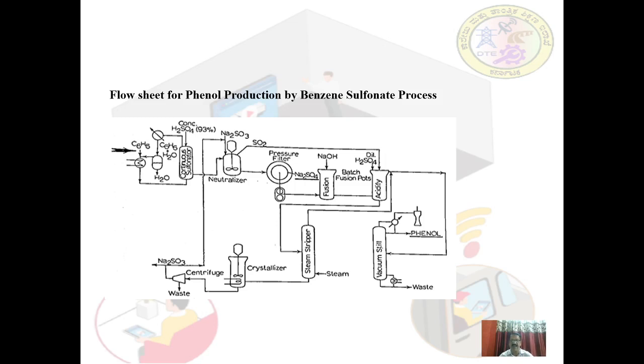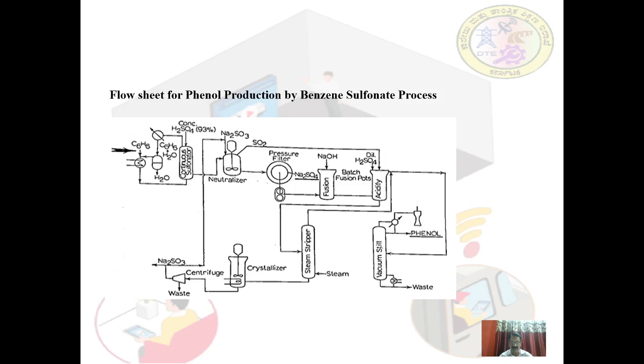A cast iron fusion pot containing molten caustic is kept at 300 degrees centigrade, and it is direct oil or gas fired to heat the contents to the required temperature of 300 degrees centigrade.